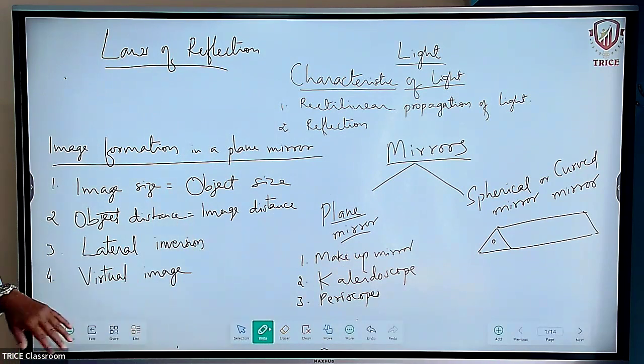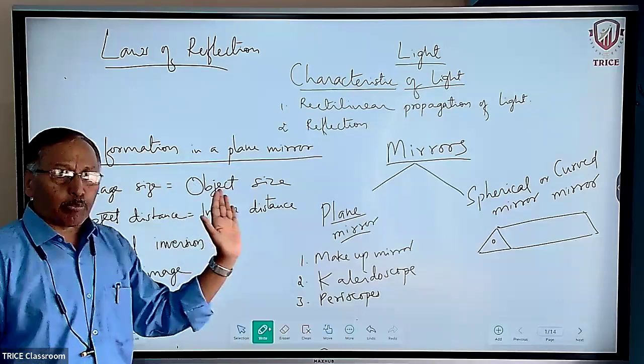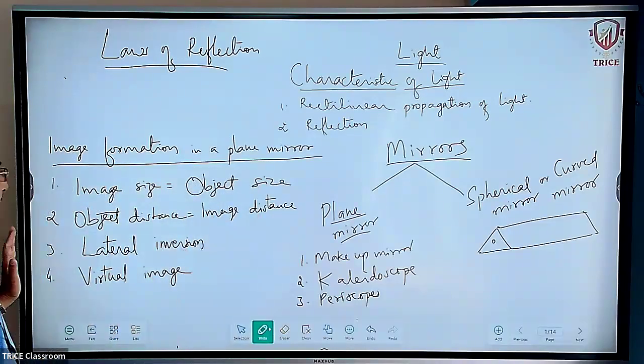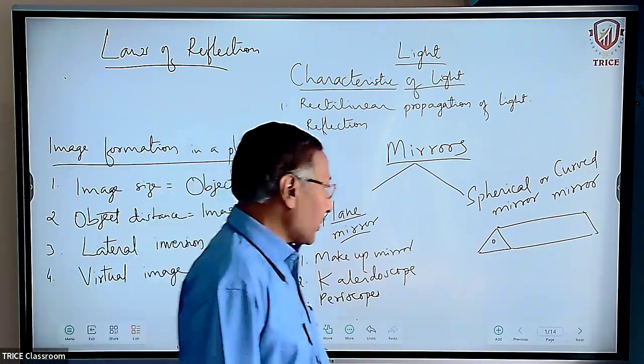It is a laterally inverted image, and the distance between mirror and object is equal to the distance between mirror and the image. The size of image is equal to the object size. These are the natures or the characteristics of image that is formed in a plane mirror, right?